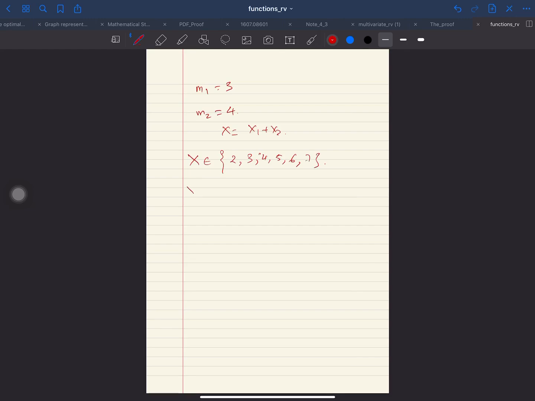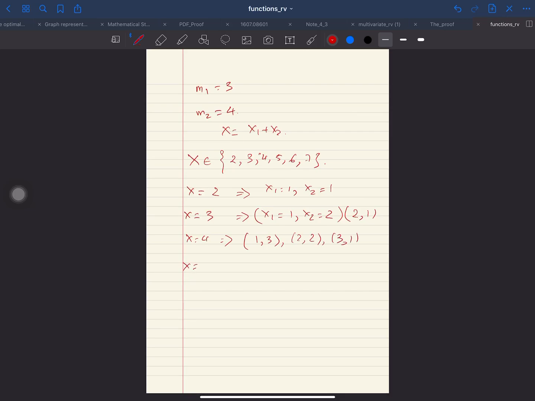If x is equal to 2, I have only x1 equal to 1, x2 equal to 1. For x equal to 3, I could have x1 equal to 1, x2 equal to 2, or 2, 1. X equal to 4, I could have 1, 3, 2, 2, and 3, 1.